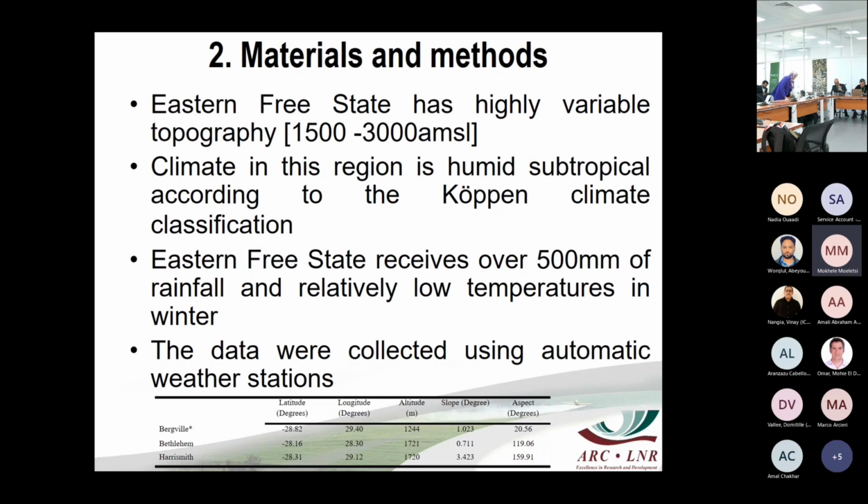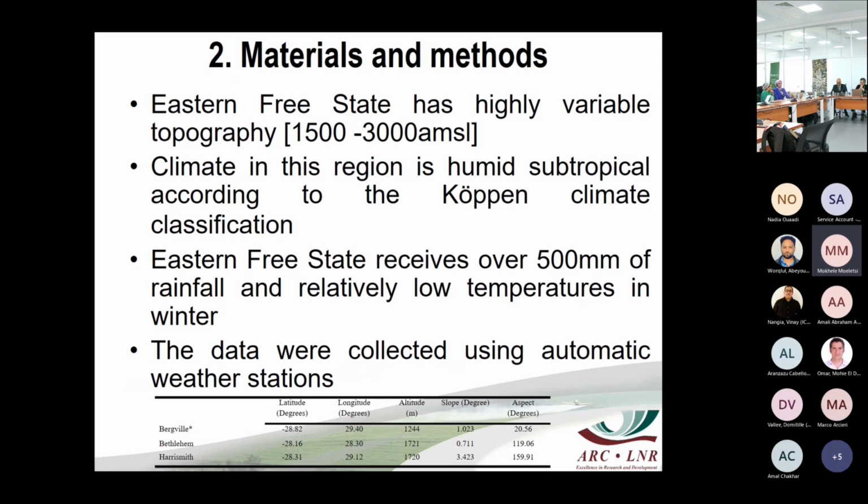Coming to the materials and methods, the Eastern Free State has highly variable topography, ranging from 1,500 to 3,000 meters above sea level, and the climate is considered humid subtropical, and also in KZN, while the one in Free State is semi-arid.